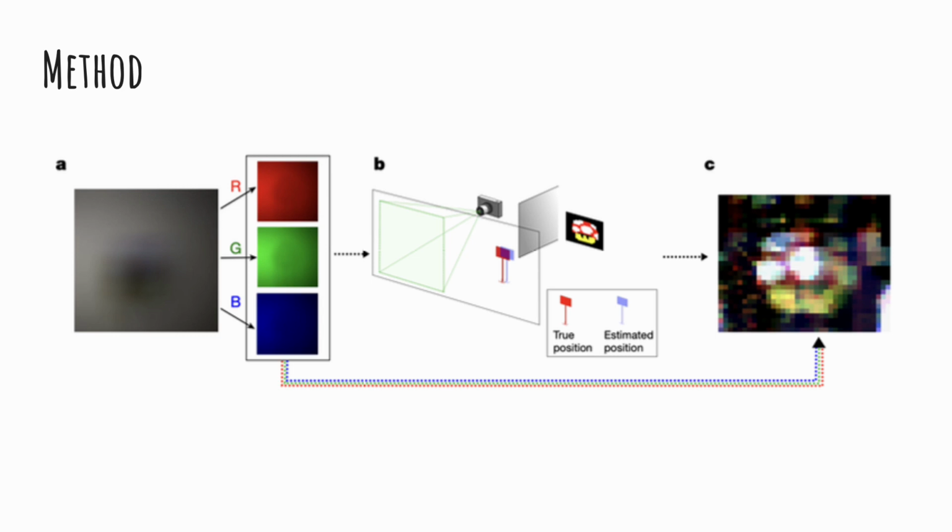With this in mind, the algorithm can be split into three stages. First, we divide the figure into 3 channels, and then we estimate an occluder position for each of the channels. We take the average of the 3 as the final estimated occluder position, and we use that to compute the estimated light transport matrix.